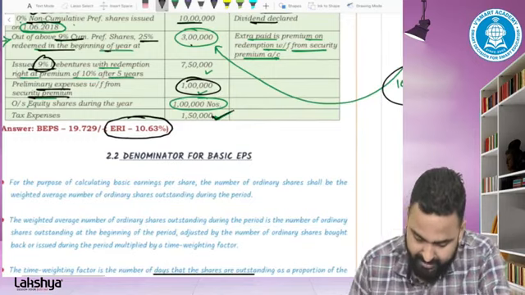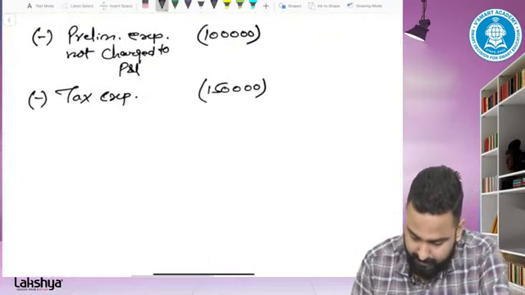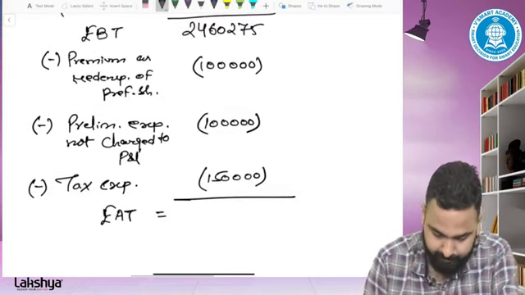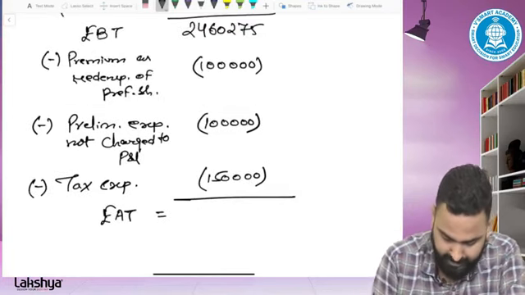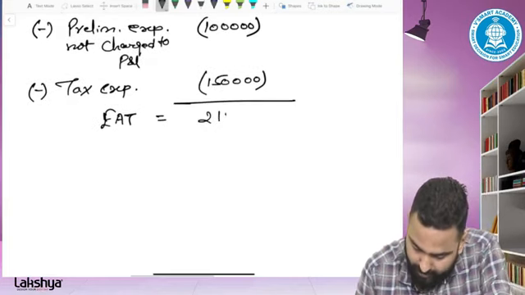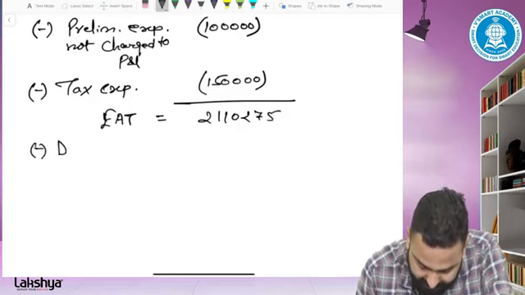Tax expense of 150 is there. Okay. Earning after tax, 1 lakh, 150. It's 2110,275 minus dividend on preference shares.